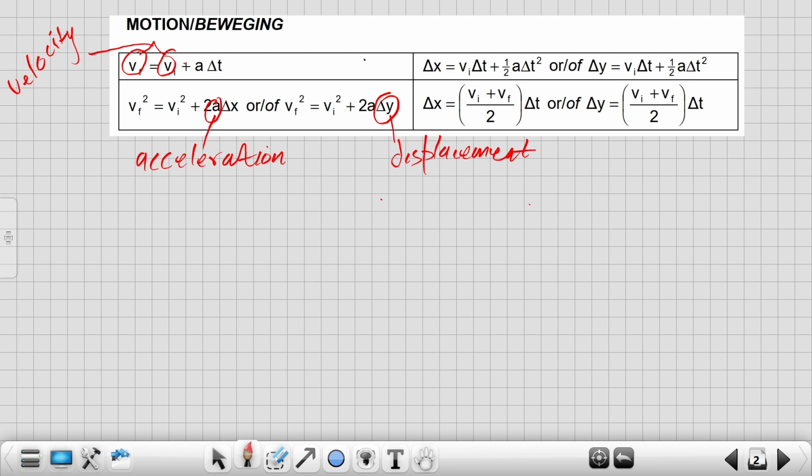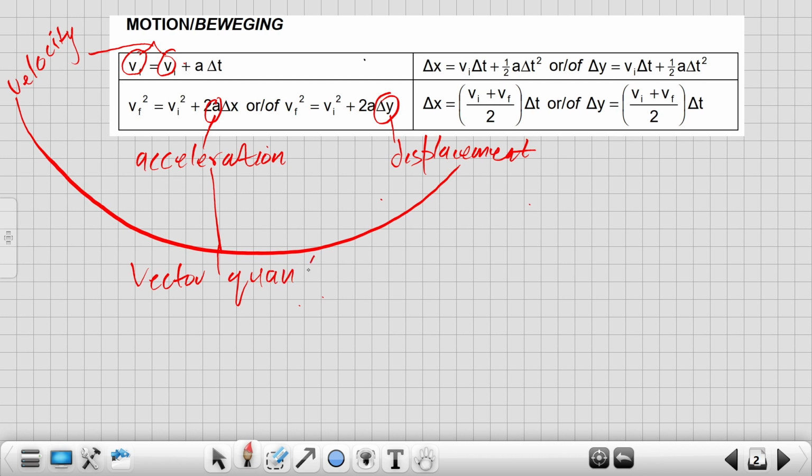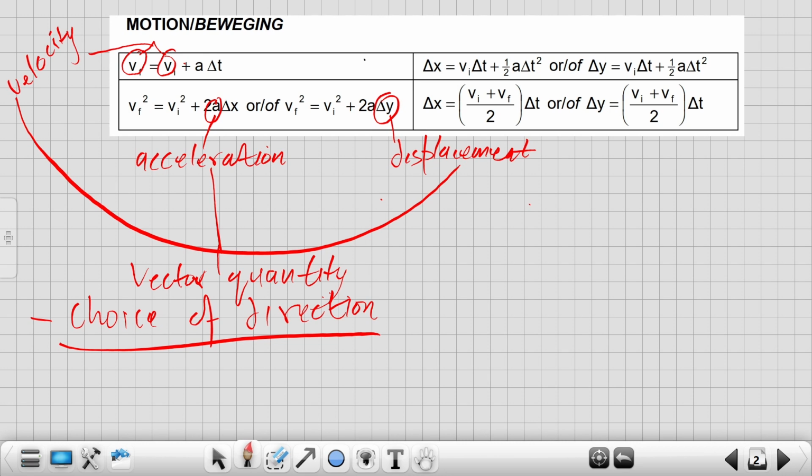If you check all these, including that one, they are vector quantities. Once we work with vector quantities, it means we need to work with a choice of direction. So we must choose a direction when we are doing our calculations. When we work with calculations, it's easy to see how many variables I need at minimum.